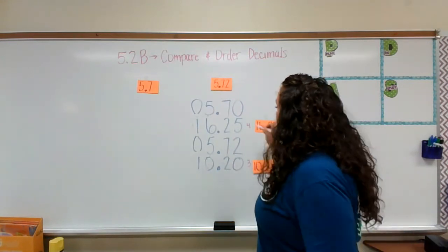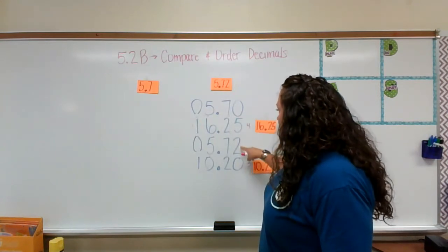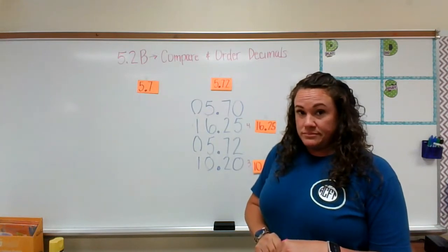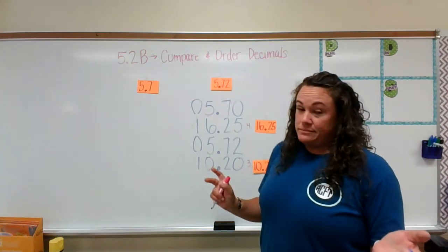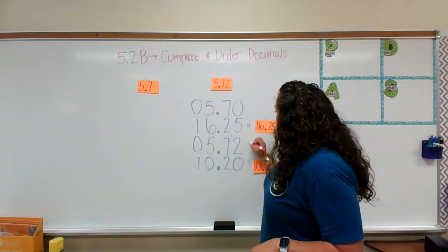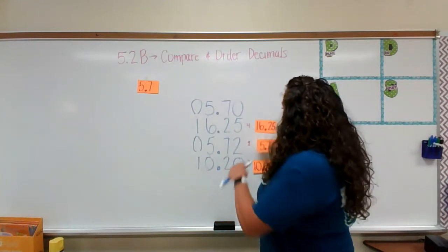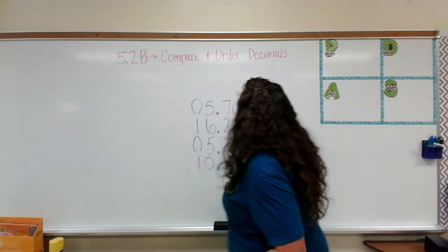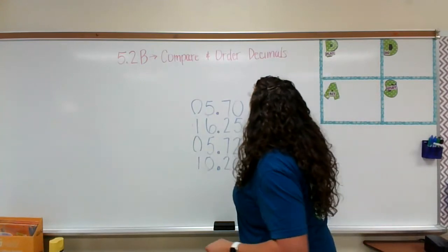So now we have to move out one more. I have a 0 and a 2. Which number is greater, 0 or 2? If you said 2, you're correct. So I'm going to put a 2 here, and then obviously we have our last one. I'm going to put a 1 here.